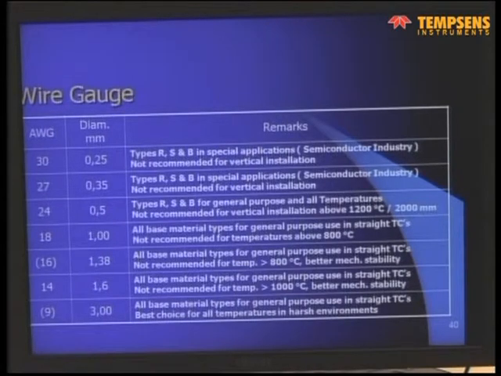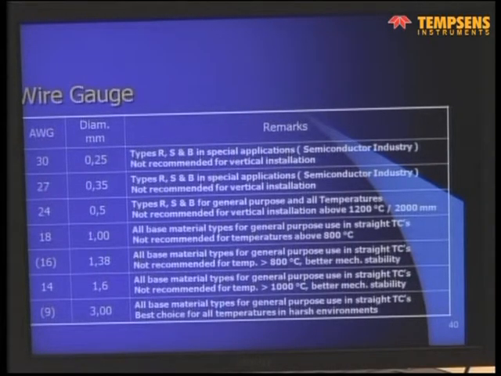Basically, the AWG number of the thermocouple wire has no effect on the generation of EMF. To use different sizes is only a question of strength and stability at elevated temperatures.